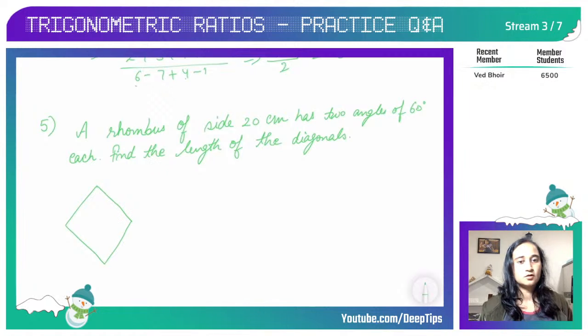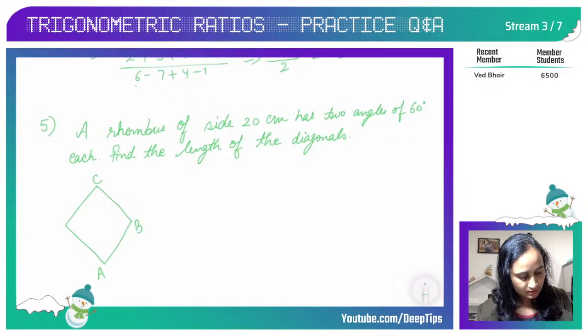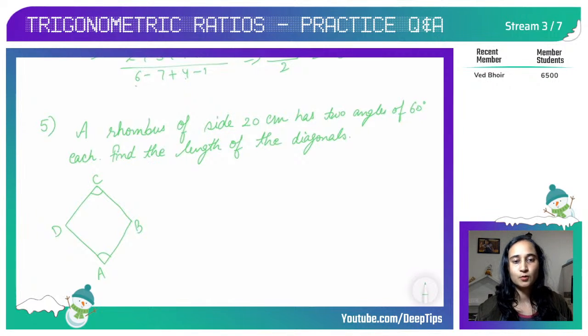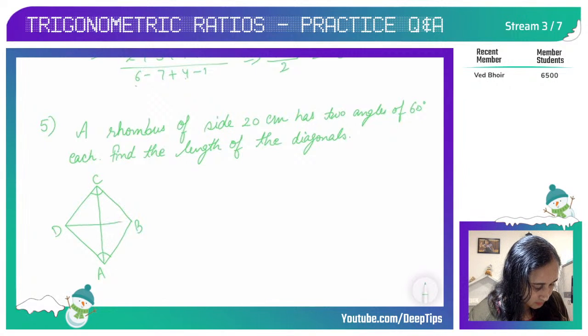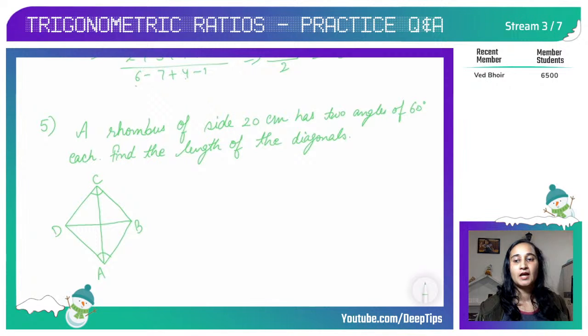If this is my rhombus, let's mark it ABCD, and they have clearly mentioned that two angles are 60 degree. So I have taken these two as 60 degree, and I have to find the length of the diagonals. So here is my first diagonal and this is my second diagonal. So AC and BD are my two diagonals.